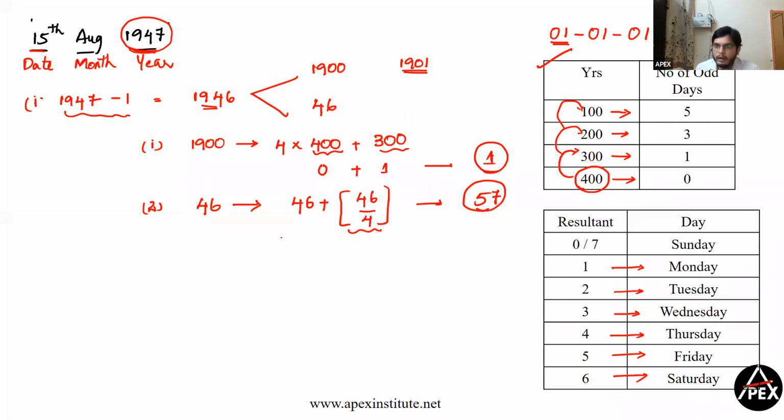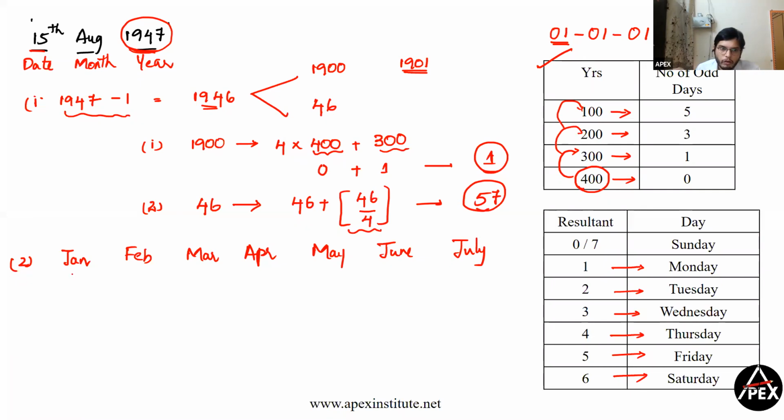Now we are done with the year, guys. Now coming to the month. From 1st January 1947 to August, how many completed months do we have? The completed months are Jan, Feb, March, April, May, June, July, isn't it?